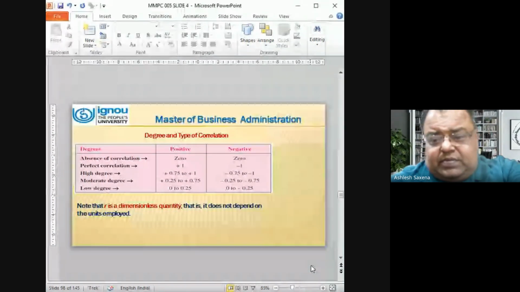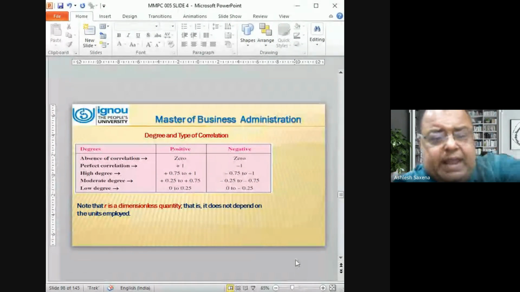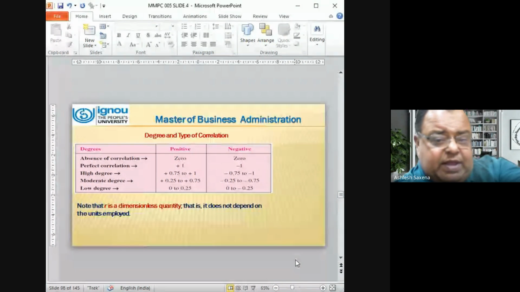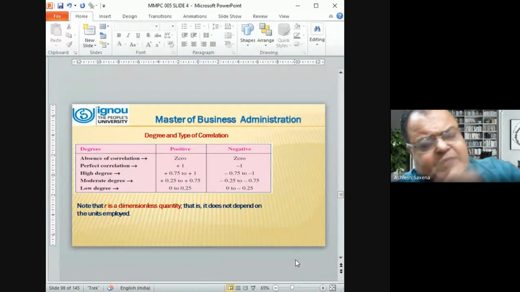Or minus 0.75. And on the other side, if we have negative correlation, its value will be from negative 0.75 to negative 1. If we have a moderate degree of correlation, it will be from plus 0.25 to plus 0.75. This is for positive correlation.